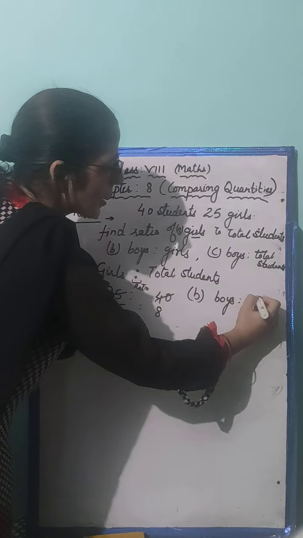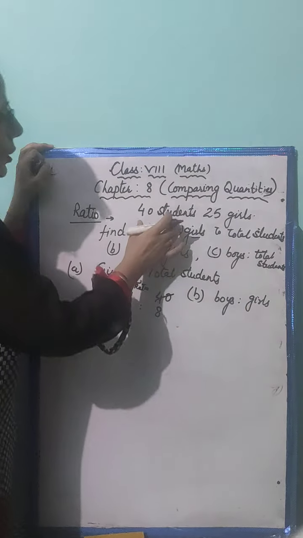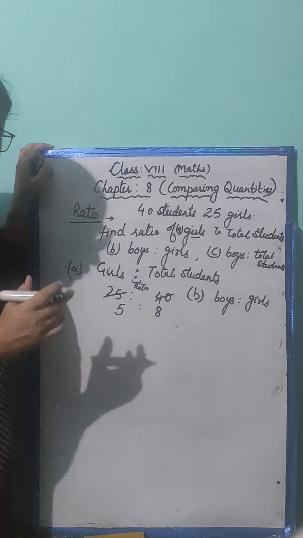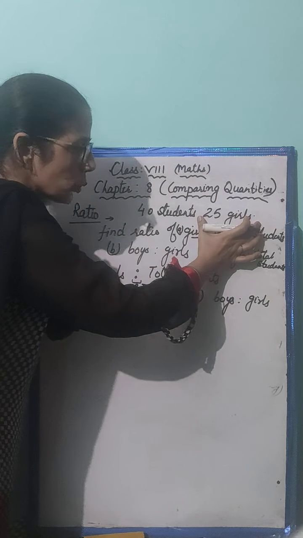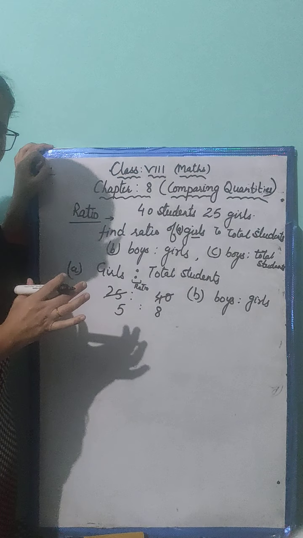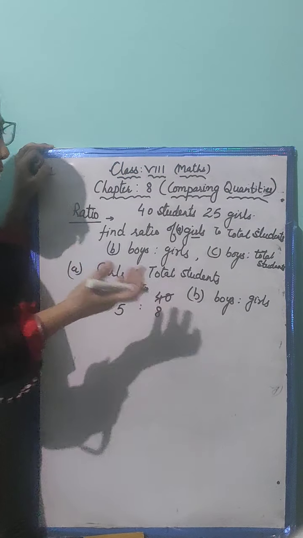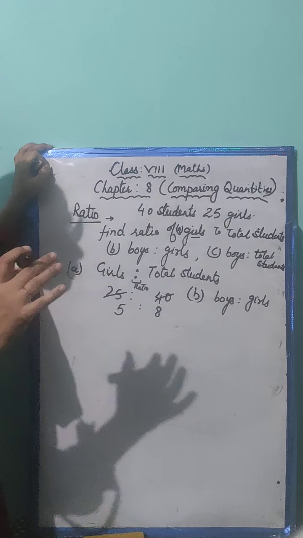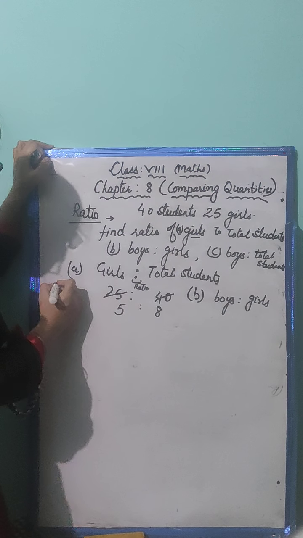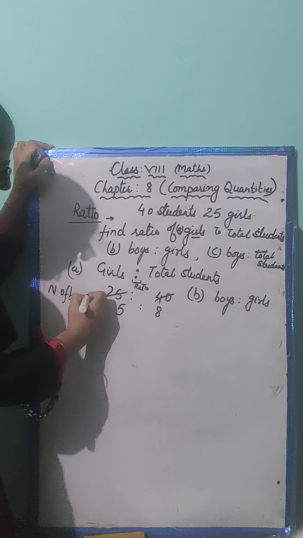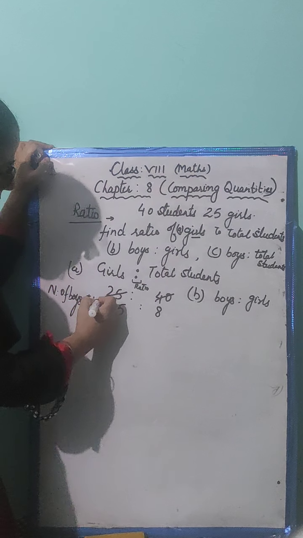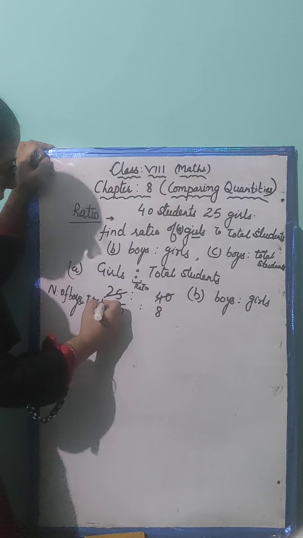Next, if we have to find boys ratio girls, see here in this question there is no specification of the boys. It is given that 40 are the total students and out of them 25 are girls. It means I can first calculate the number of boys. The number of boys will be total students minus number of girls.